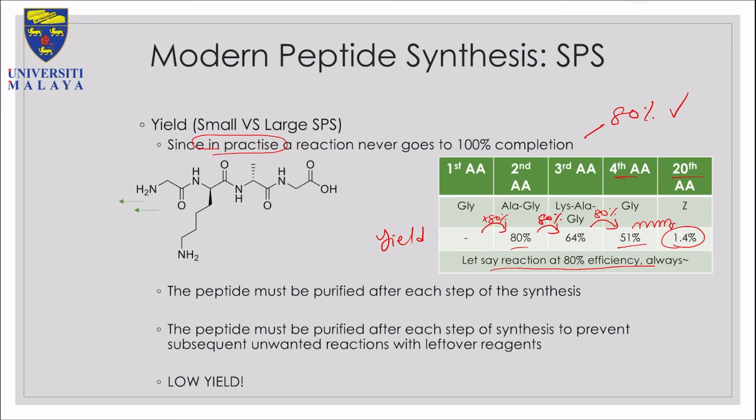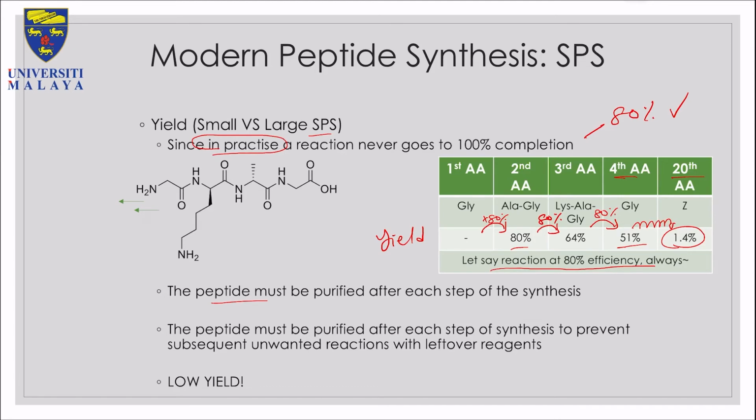So what if the efficiency is lower? Then of course the yield that you will get by the end of the 20th amino acid will be way lower. And on top of that, if you were to use SPPS, the peptide must be purified after each step to ensure that byproducts are not there to get involved in the reaction.